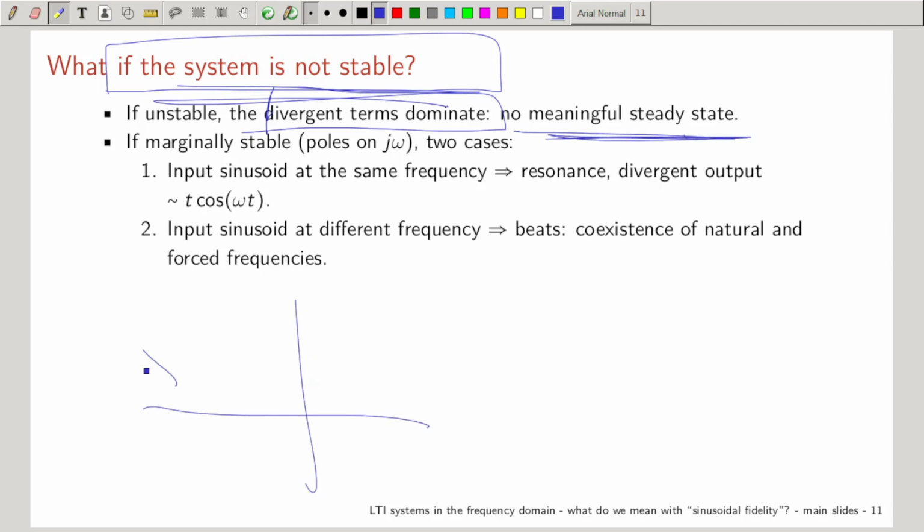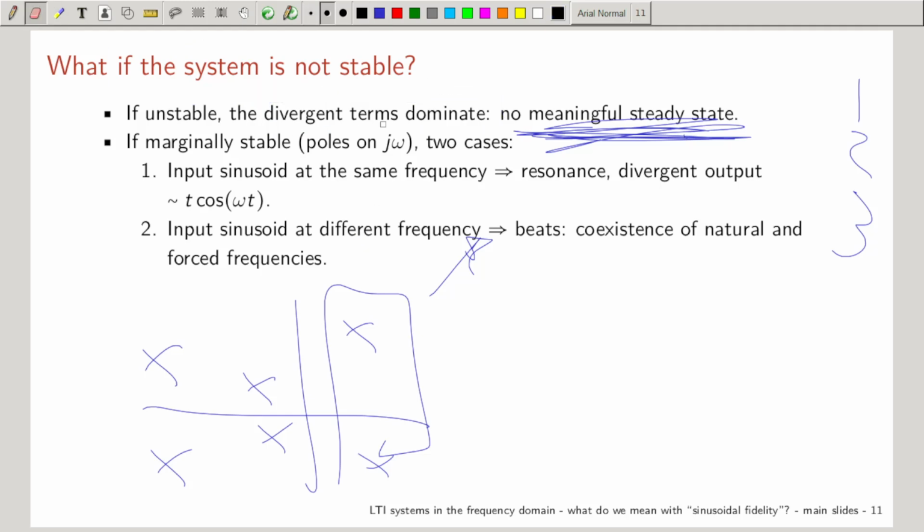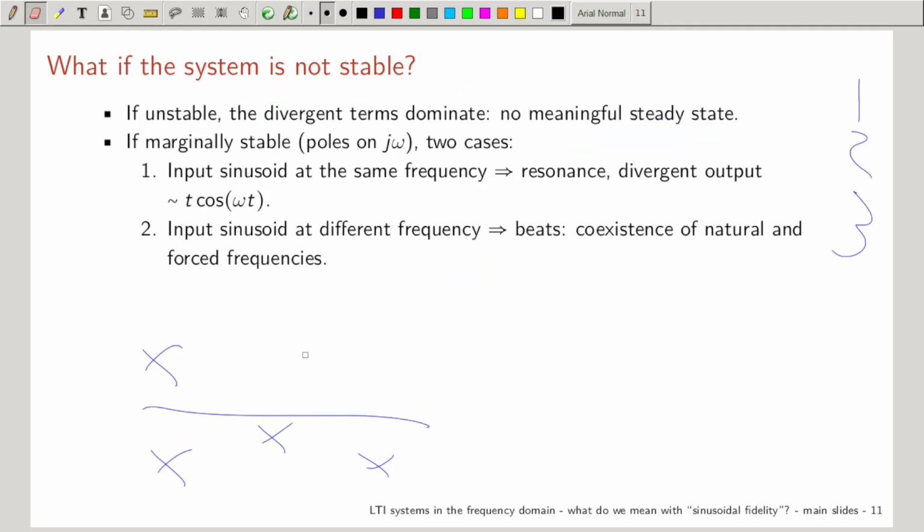If I have a situation like this one, this goes to infinity, or better, diverges. True? We don't have a steady state. Stuff explodes. True? Together on this? Perfect.